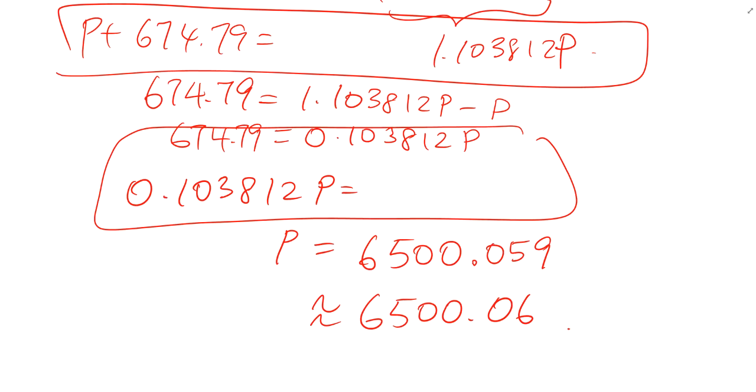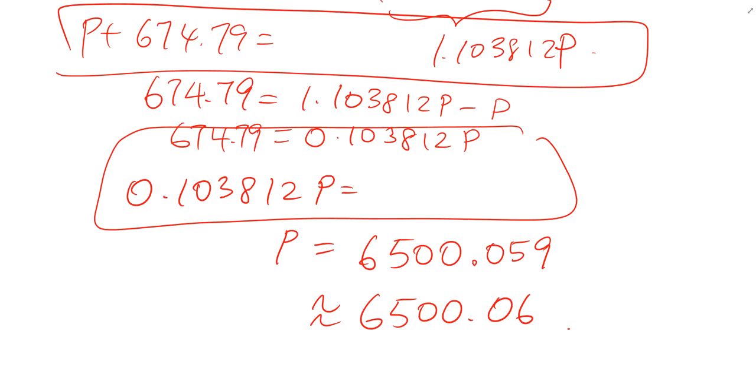Yeah, I keep pressing wrongly. 674.79 divided by 0.1038. Okay, so your answer is 6500.867. So you round off to become 6500.87.